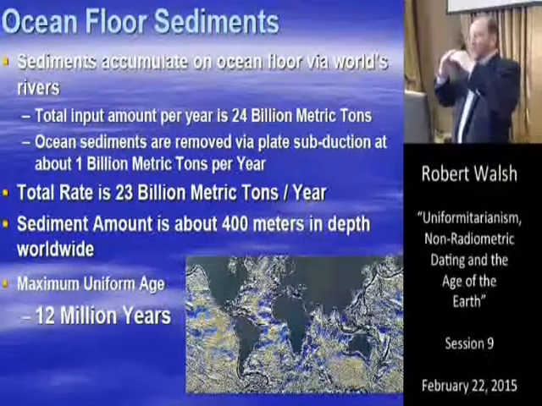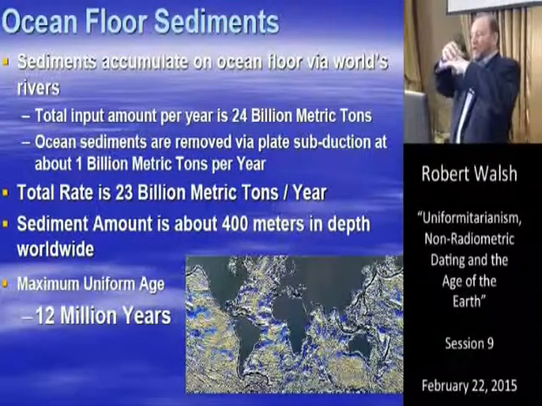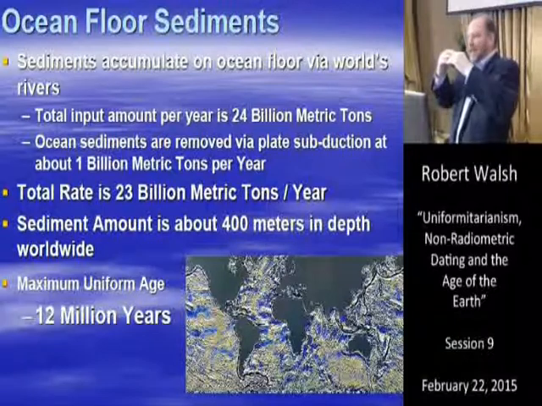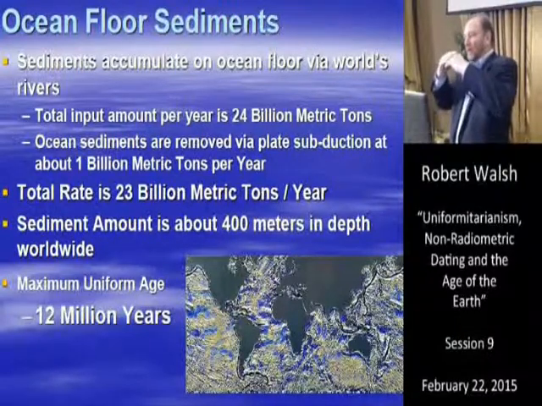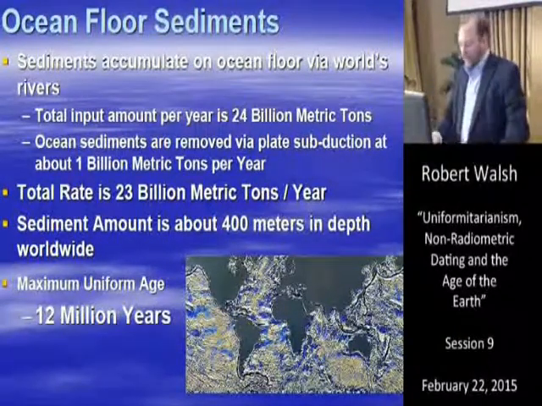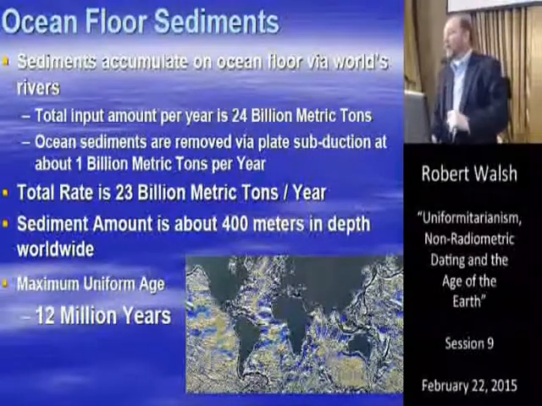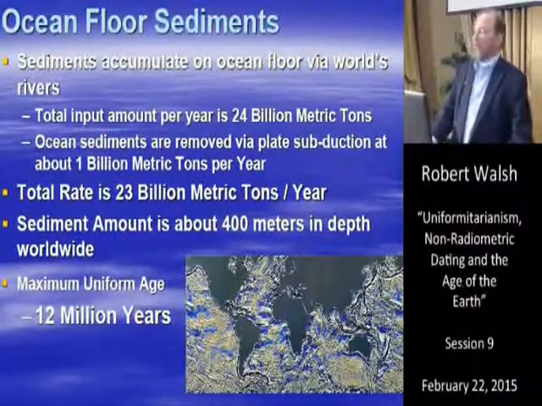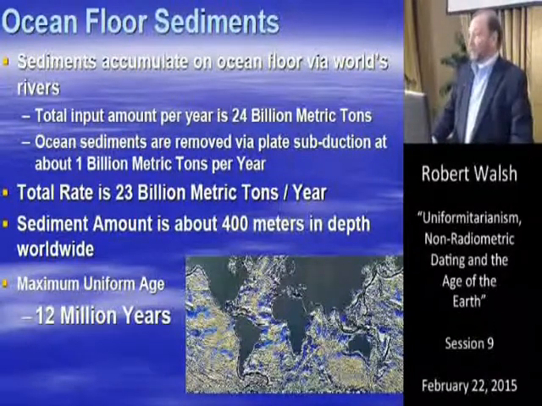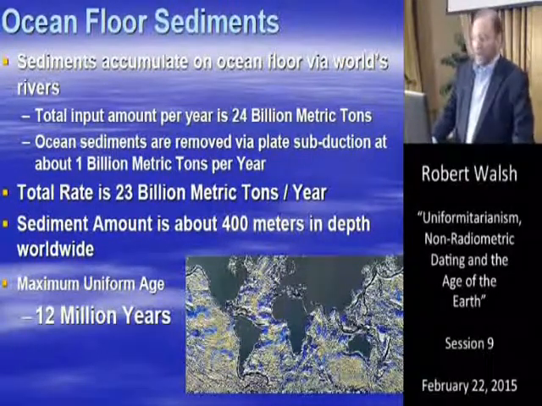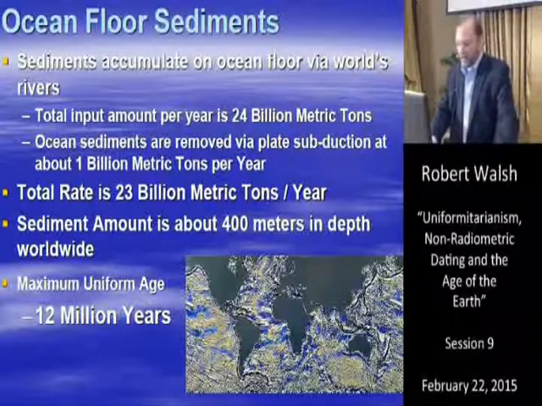So as subduction occurs, this plate is taking with it about 1 billion metric tons a year. So if you want to know what the total accumulation per year is, it's about 23 billion metric tons a year. 24 minus 1 is 23 billion metric tons a year.